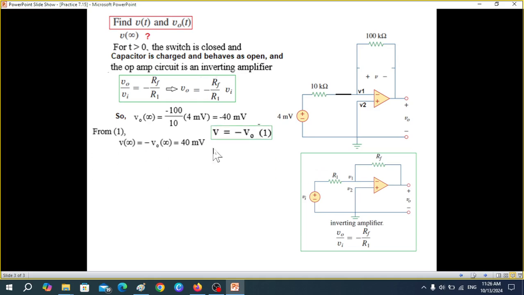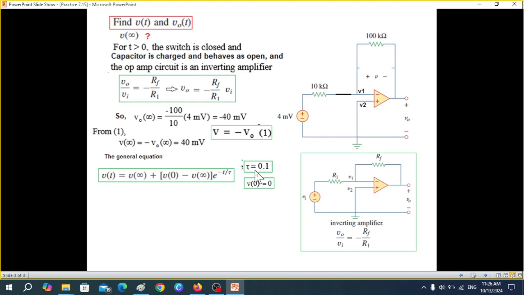Now since V is minus V0, from here we can find V infinity. Remember that our aim is to find V infinity first. V infinity is minus V0 infinity, which is equal to 40 millivolt. Just minus minus plus.